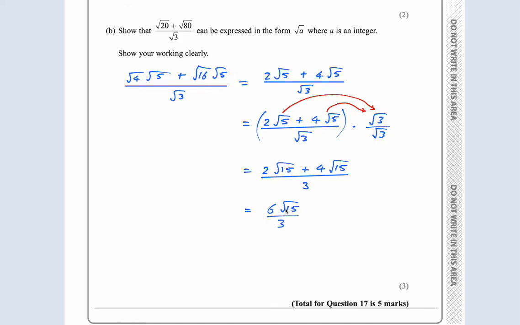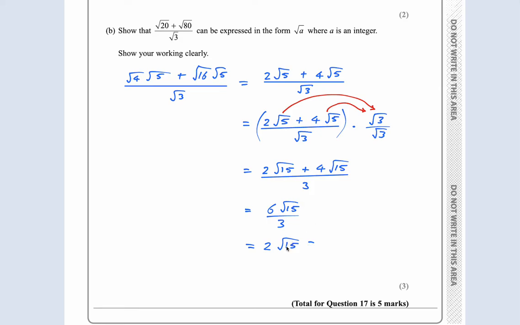And then 6 divided by 3 is 2. So this is 2 root 15. Now, this is not the form that he wants it in, guys, so we have to be super careful here. He wants it in the form root a, where a is an integer. So I have to change this. This bit is actually a bit annoying.